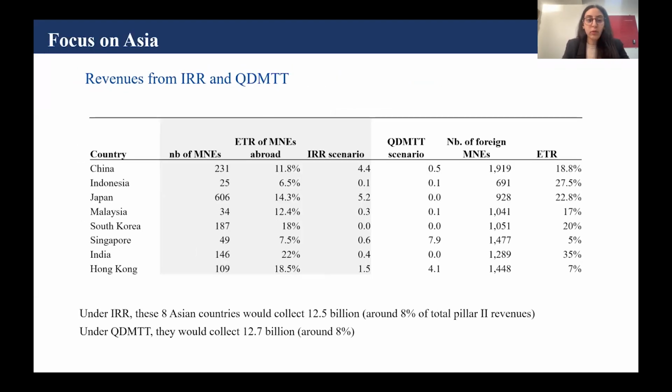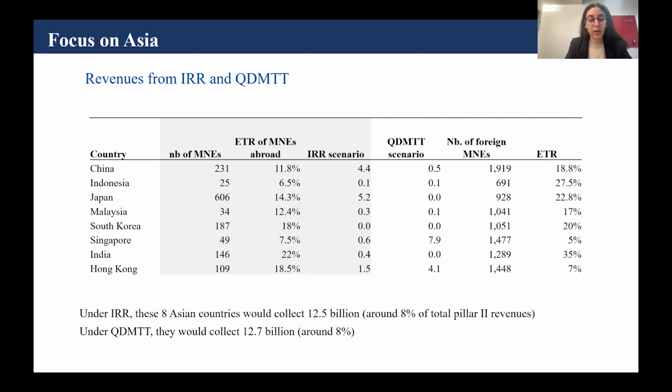Now we arrive to focus a little bit on some Asian countries. So, for example, if we take Singapore first, according to the OECD data, which is normally reliable, but we are not sure how much it represents the reality, there are 49 Singaporean multinationals operating abroad. Their ETRs are on average 7.5% abroad.